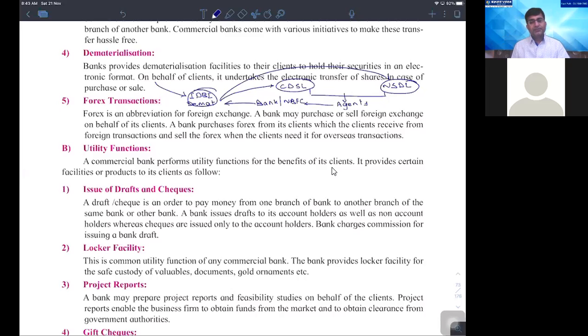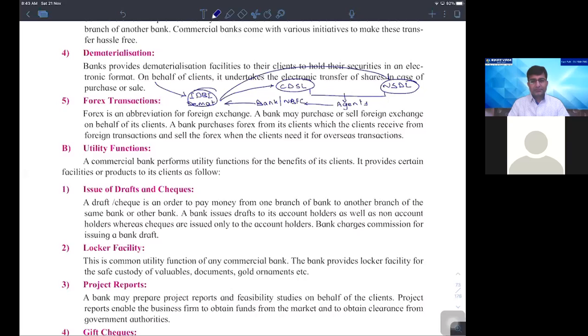Am I going good? बहुत सारे लोग तो सो गए लग रहा है. Can you people give me the attendance?